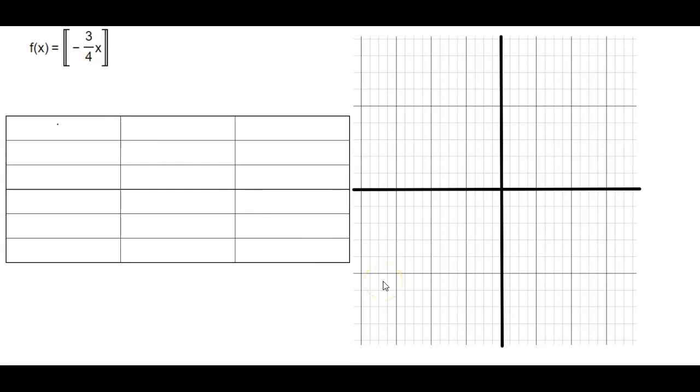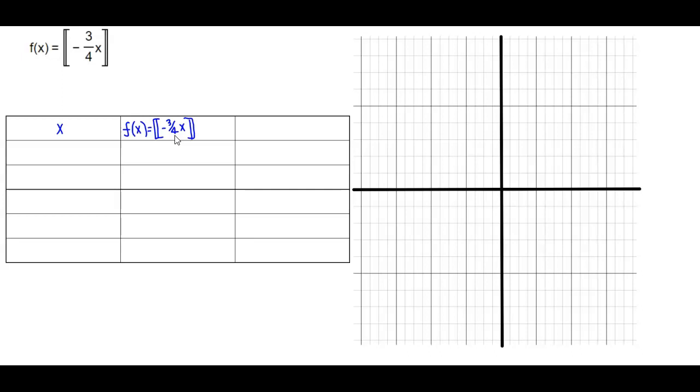So we have a table which is x, and then what we want to do is find f of x, which is equal to the greatest integer function of -3/4 x.